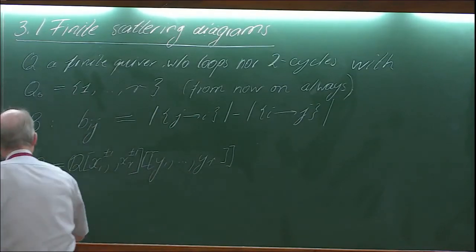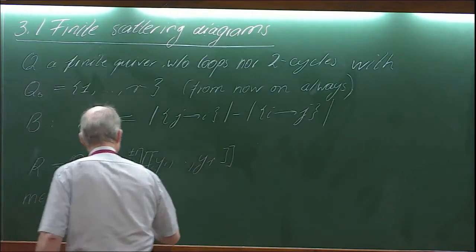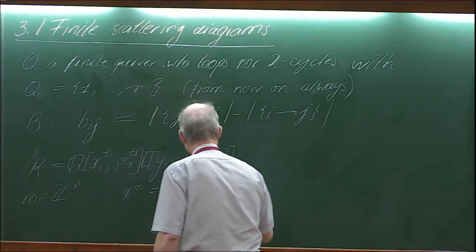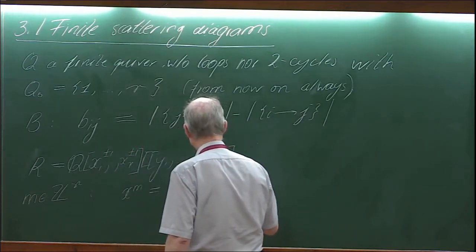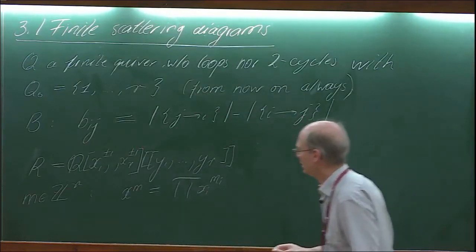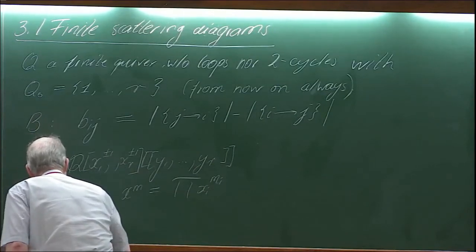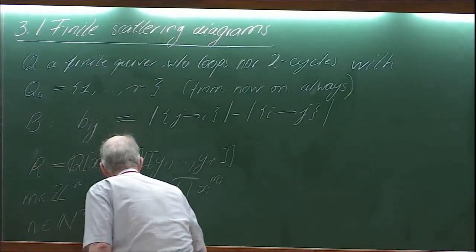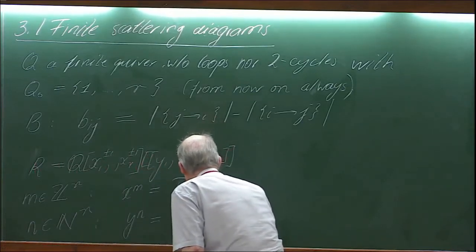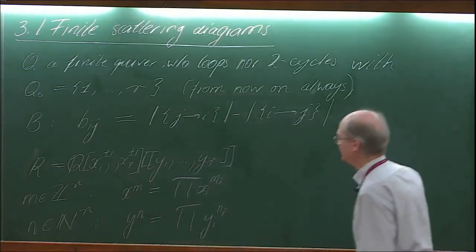And for an integer vector m, we write x^m for the Laurent monomial in the x_i's associated with m, and for a non-negative integer vector n, we write y^n for the ordinary monomial associated with n.